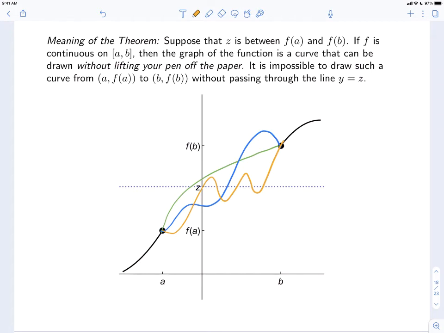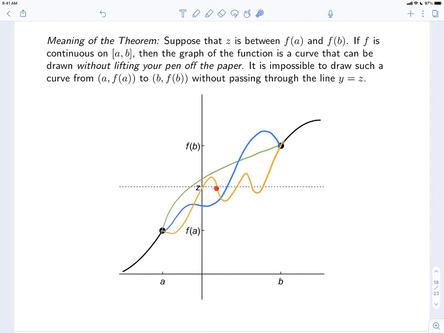And passing through that horizontal line means that there is some output that is equal to z. And every place where that horizontal line crosses the curve corresponds to an input value. So for this green line, there's exactly one input that will give you that output.